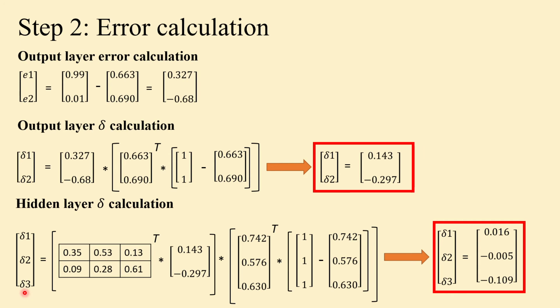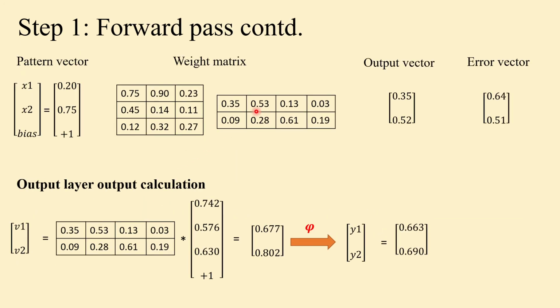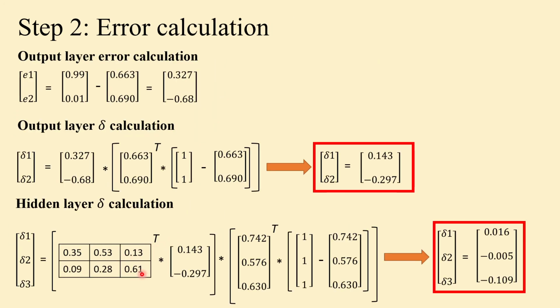Bias we obviously will not consider, and this is the part of the synaptic weights, that is the wkj, which are connected with the output layer, because that is required, right? Wkj, the synaptic weight between hidden layer and output layer.